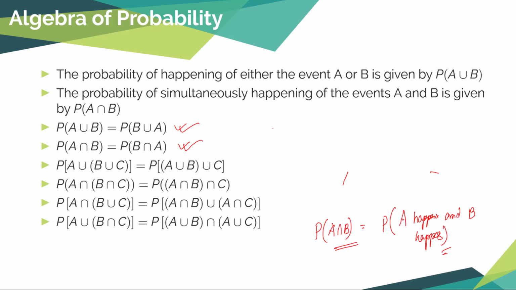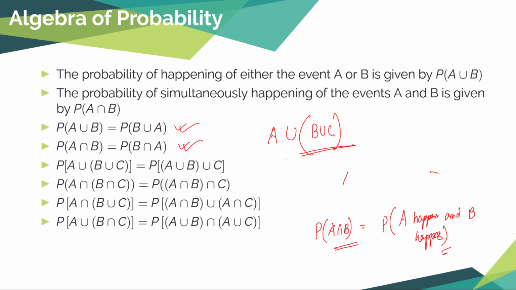Next, if you write A union, and B union C in parentheses, according to the hierarchy of parentheses in mathematics, anything within a parenthesis is calculated first. But this is associative.